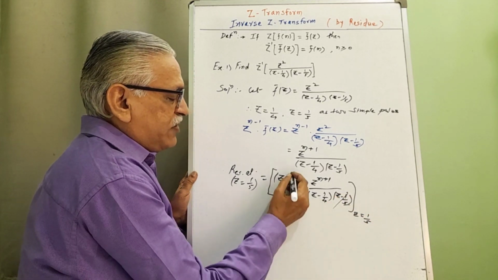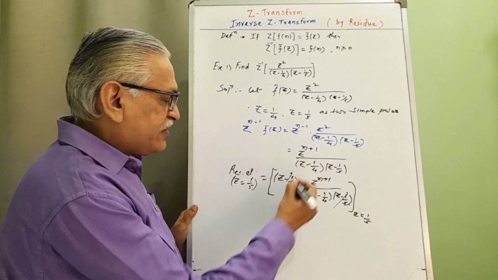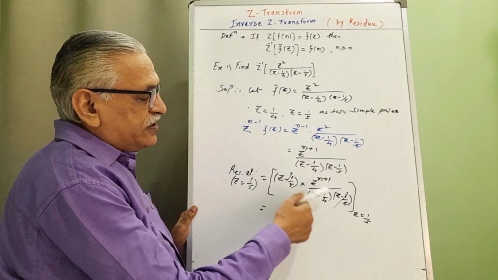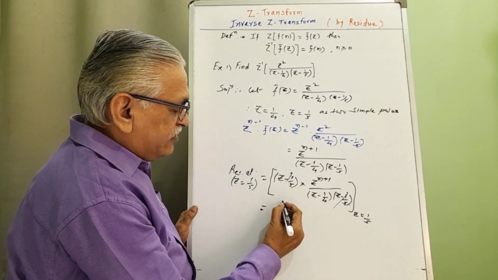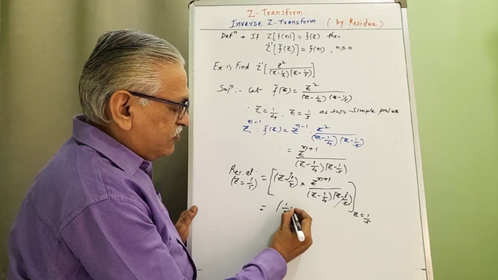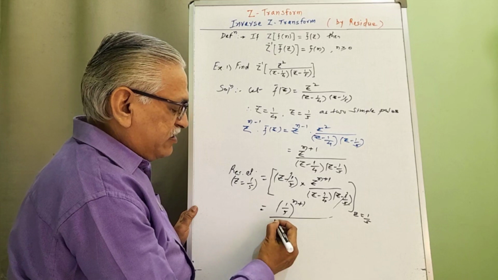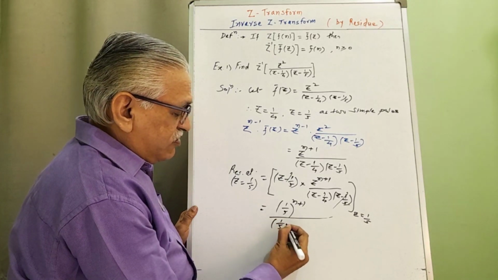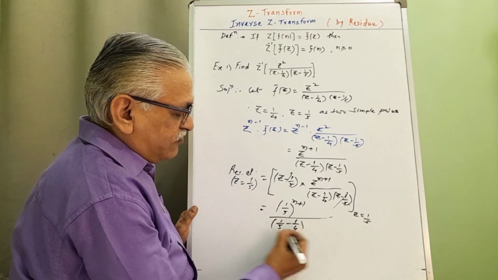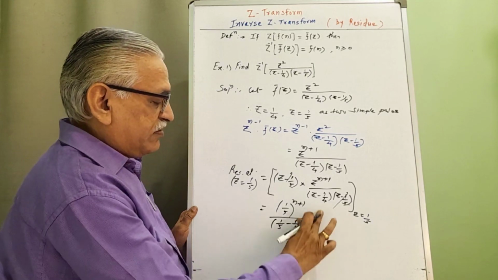This time the z minus 1 by 5 terms get cancelled. Substituting z as 1 by 5, we get 1 by 5 raised to n plus 1 whole divided by 1 by 5 minus 1 by 4.